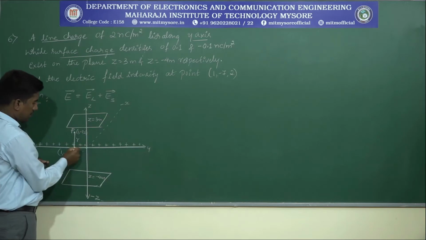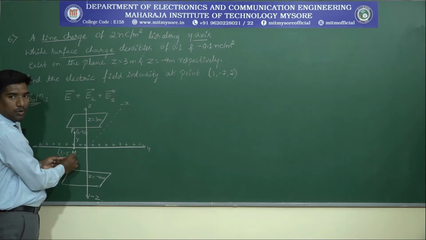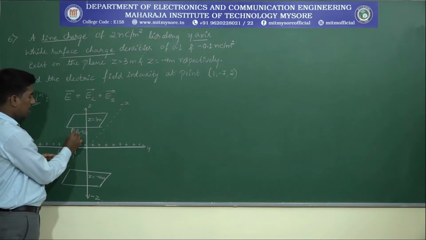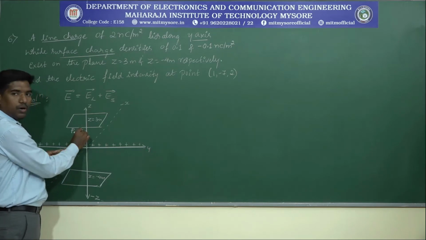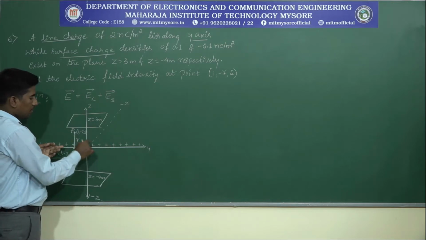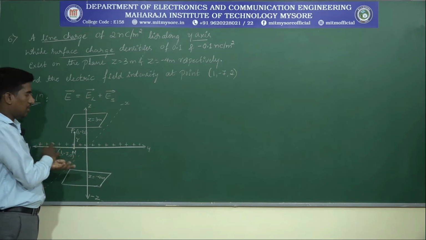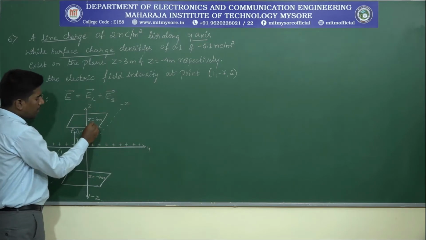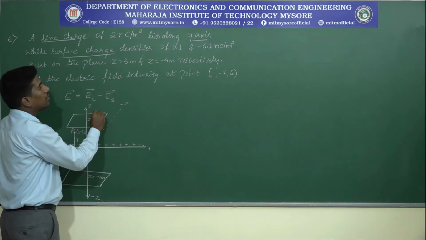Since the x direction is 0 and z direction is 0 at this particular point, the coordinate at point M is 1, minus 7, 0. We need to find the electric field intensity at point P due to line charge by using these two coordinates. We need to find the electric field intensity due to surface charge by using the given equation for surface charge.